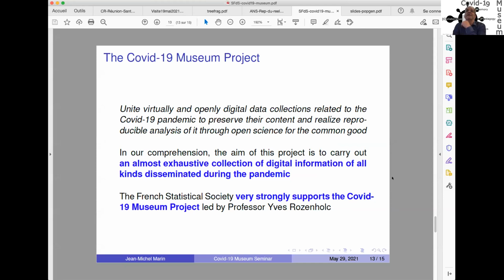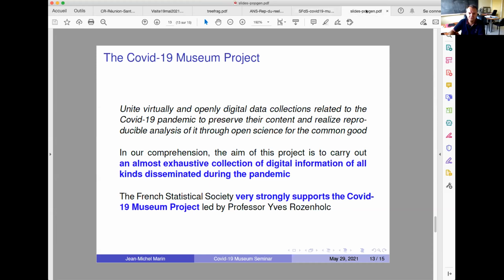Yes, perhaps it's the good way that I recall the project with just two slides, and then I can explain why the French Statistical Society takes this very important decision to strongly support this project. Okay, sure. Just a few minutes.